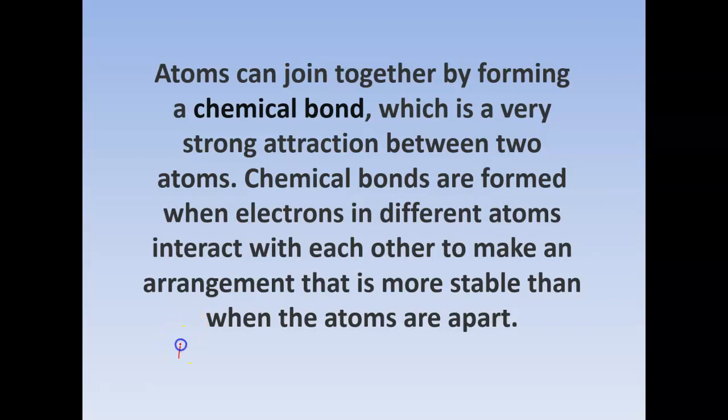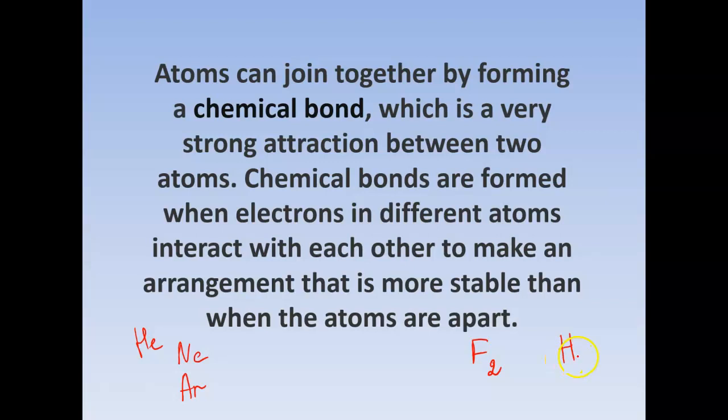So neon, argon, helium are just single atoms. They're stable. But fluorine exists as diatomic molecules, like fluorine F2, exactly like hydrogen. Hydrogen has only one electron on its outer shell, and it exists in diatomic molecules too.